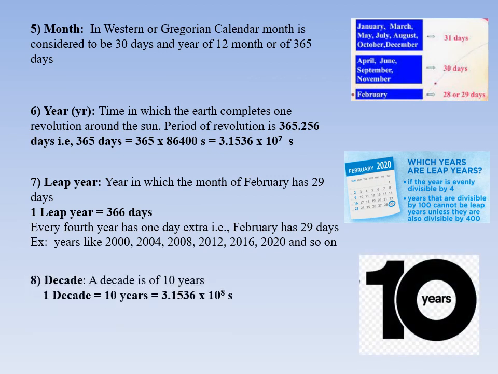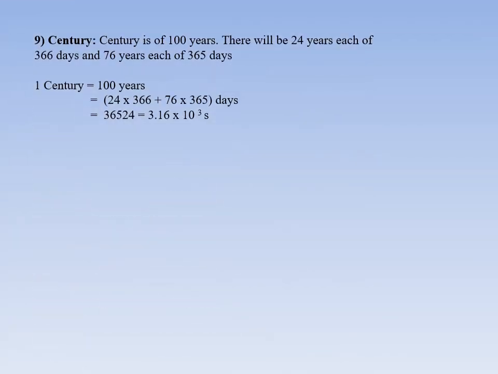Decade. A decade is of 10 years. Thus, 1 decade is equal to 10 years, which is equal to 3.156 into 10 to the power of 8 seconds. Century. A century is of 100 years. In a century, there will be 24 years, each of 366 days, and 76 years, each of 365 days.